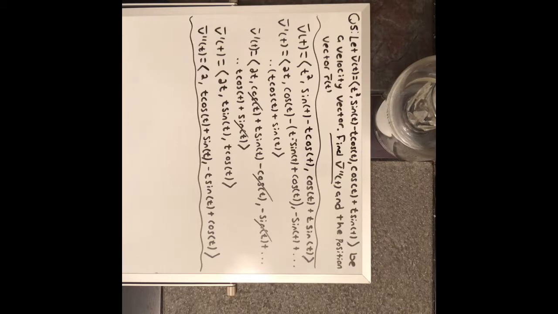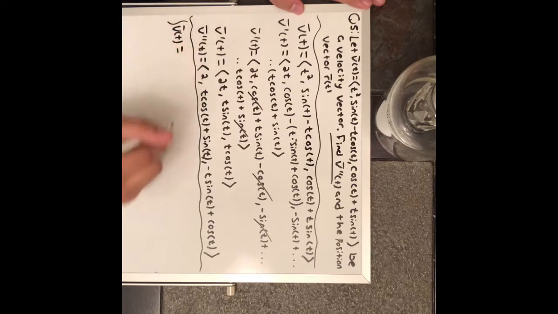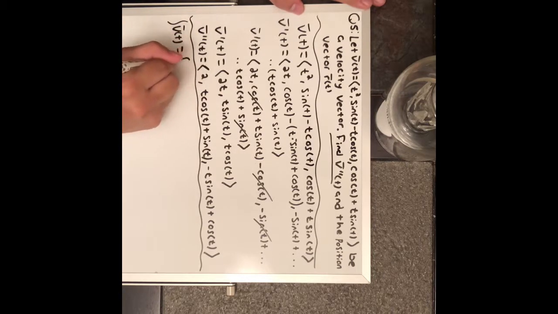Now, to solve for the position vector, when we're given a velocity vector, we must take the integral of the velocity vector. So, let's do that. The integral of vector v of t. To do this, we must take the integrals of everything on the inside.